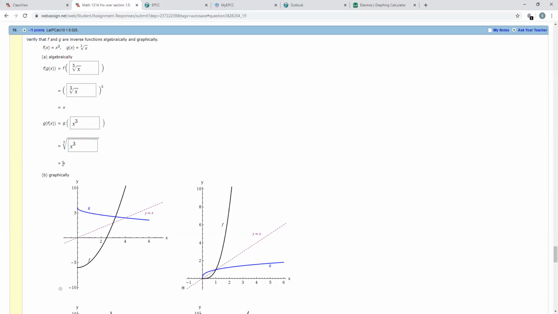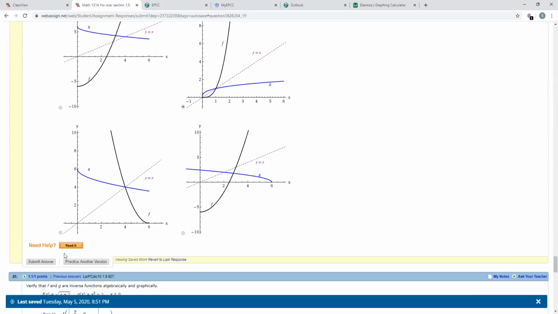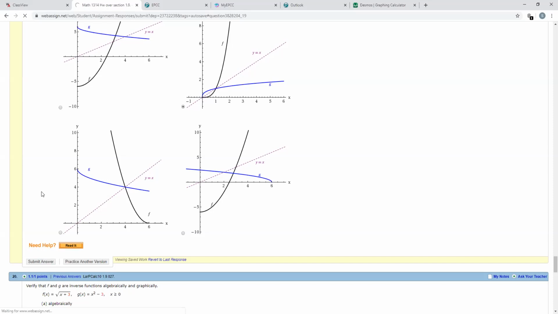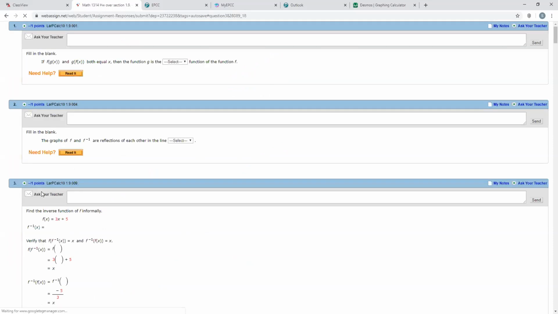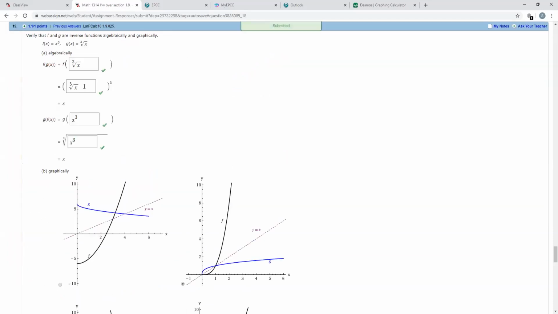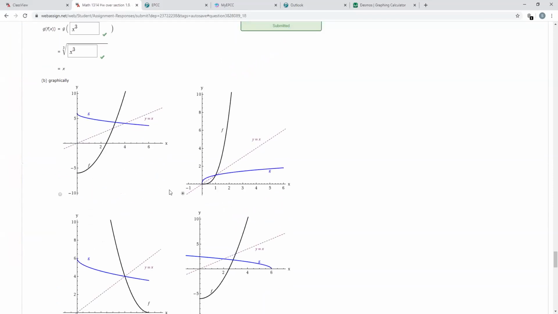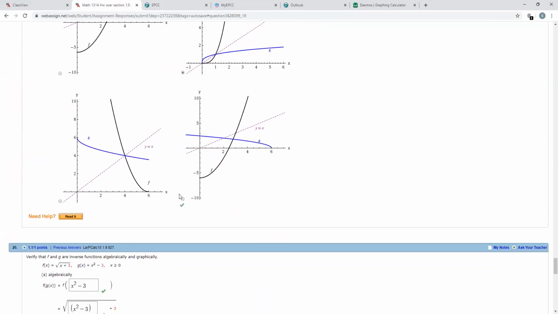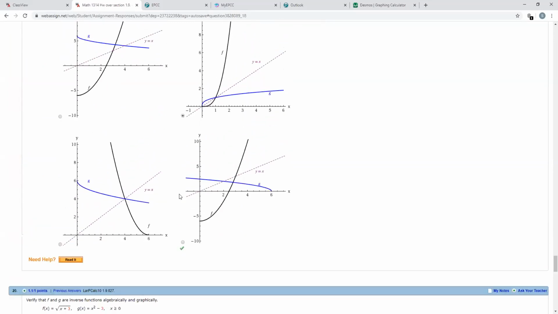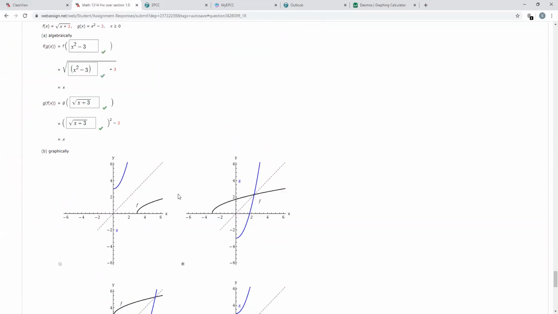And then they compose out as well. Okay. And we have those filled out. We have the correct graph, and we are good. So that's 19 and 20.